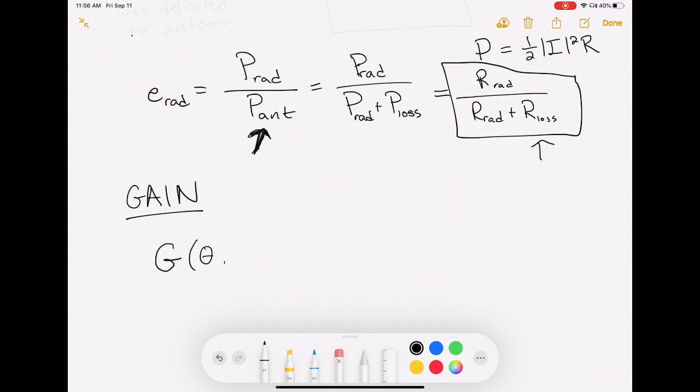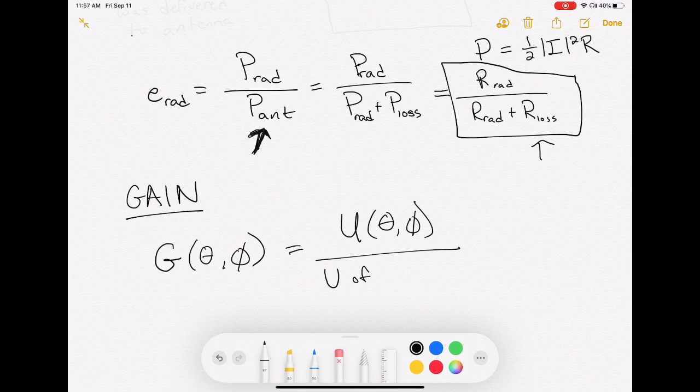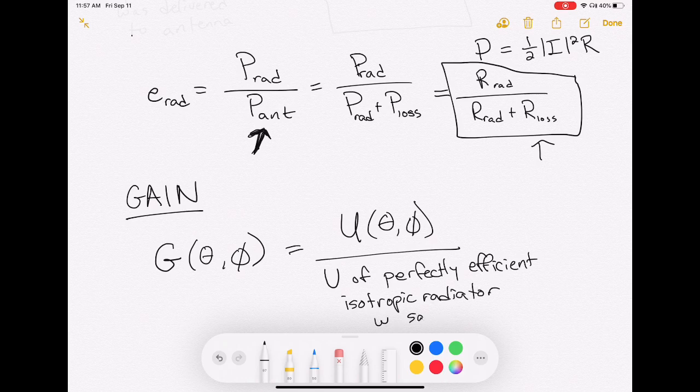The gain of an antenna as a function of angle is its radiation intensity divided by the radiation intensity of a perfectly efficient isotropic radiator with the same power delivered to the antenna.